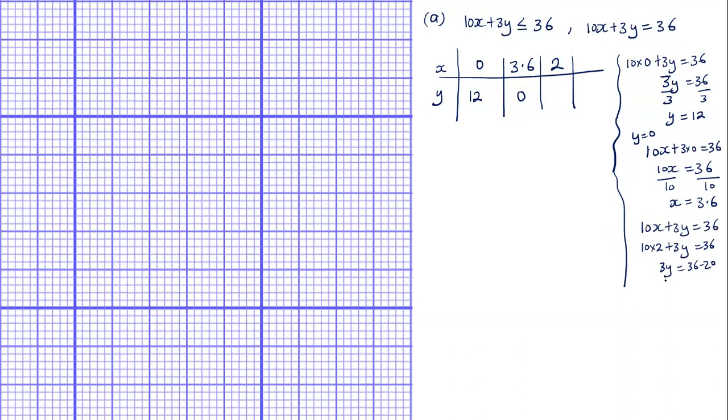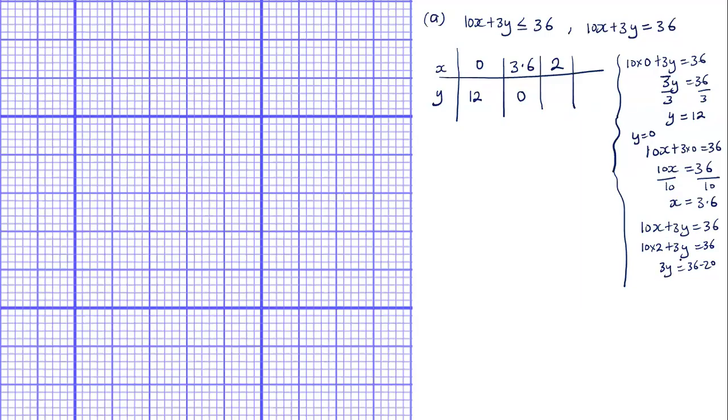What do we get? So 36 minus 20, does it give us an exact number? Or it doesn't? In case it doesn't, then that one you can ignore. You can look at it, it does not.